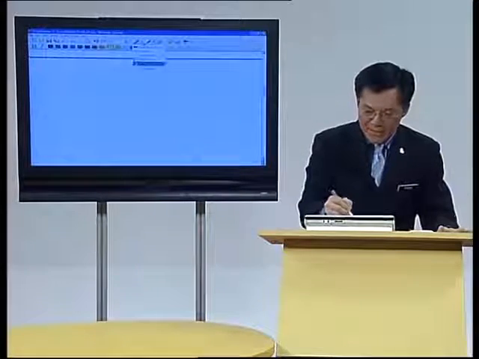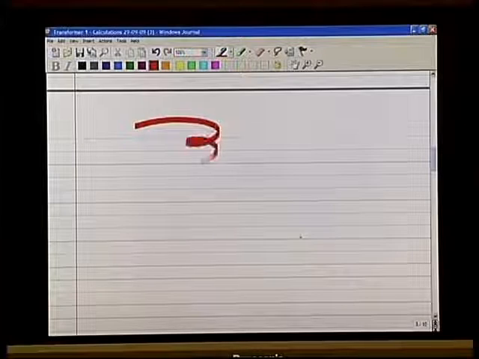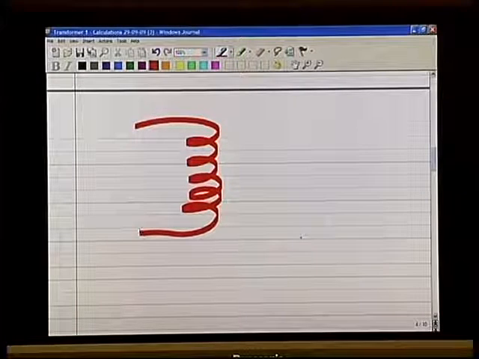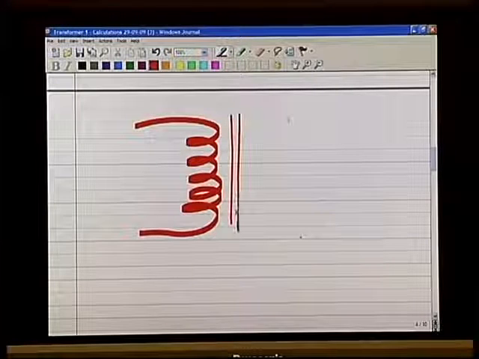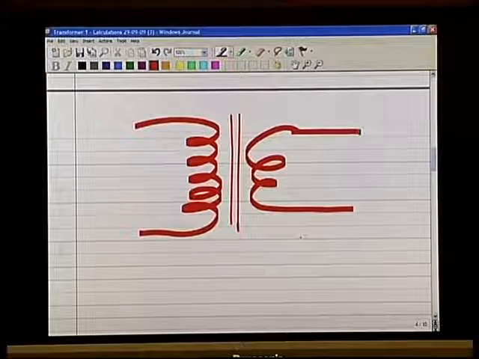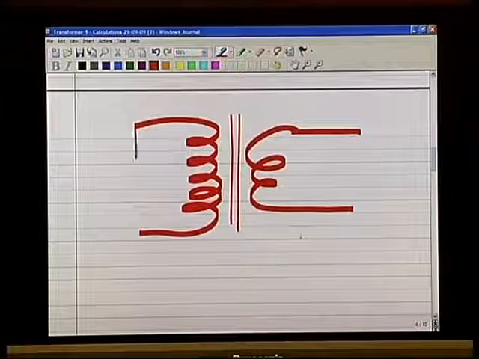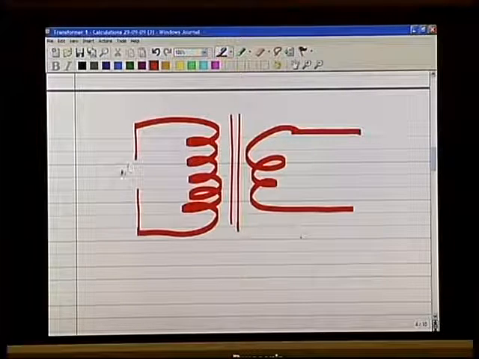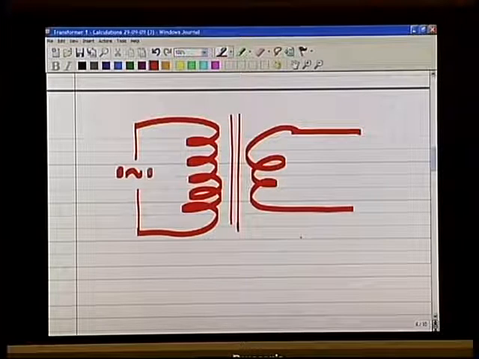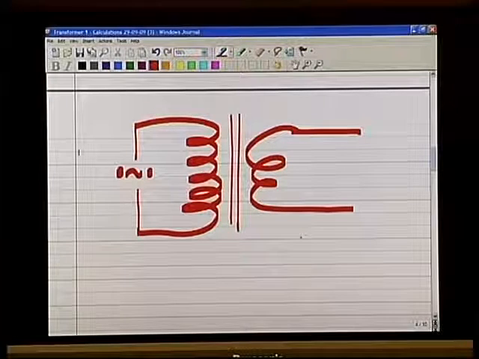I would recommend that you just make a very simple one. So it is a step-down transformer, right? Now this is very good for revision for physics. This is symbolic, alright? So what you do is this. This is our alternating current.